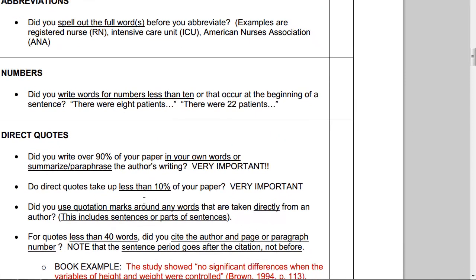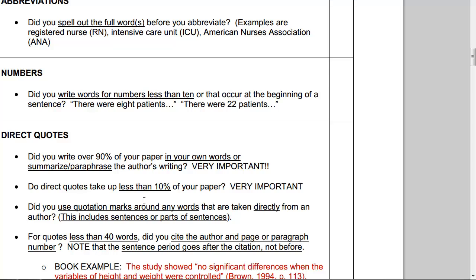How to do that is explained in pages 106 to 111 of your manual. Numbers: this is also discussed in chapter 4.3, pages 111 to 114 of the APA manual. When do you spell out the numbers, or when do you write the number itself?